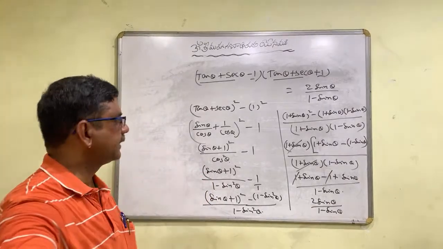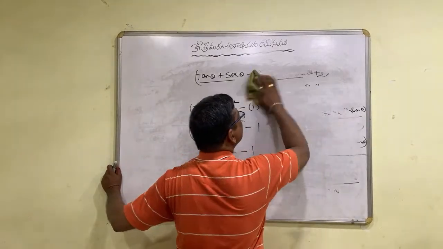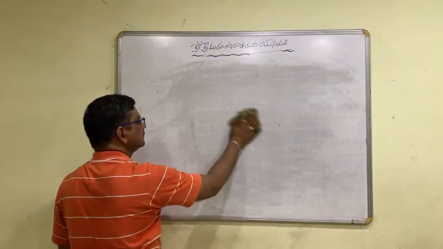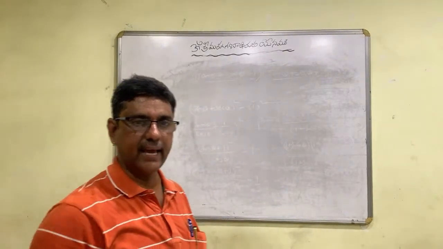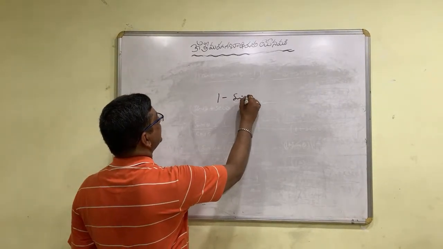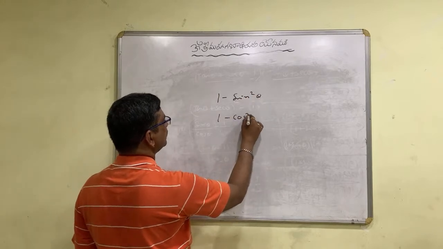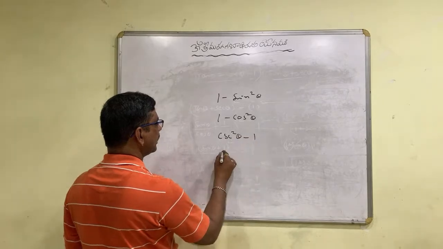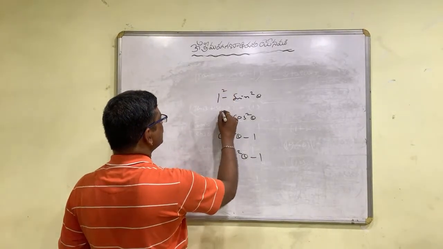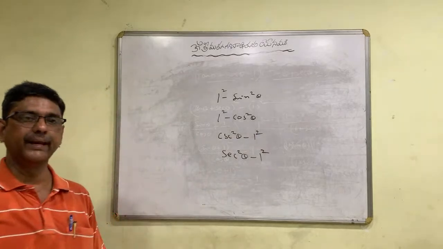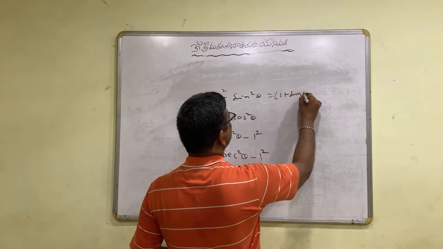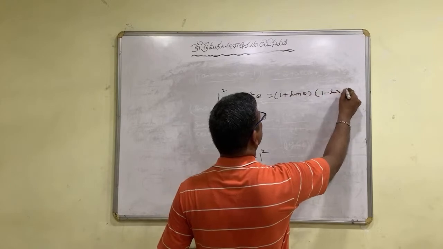So the important points for today: you need to remember all the identities, and even how we can express tan A and how we can express cot A. And one more very important point: whenever we see expressions like this, we need to assume that they are in the form of a square minus b square, so that we can write it as a plus b into a minus b form.